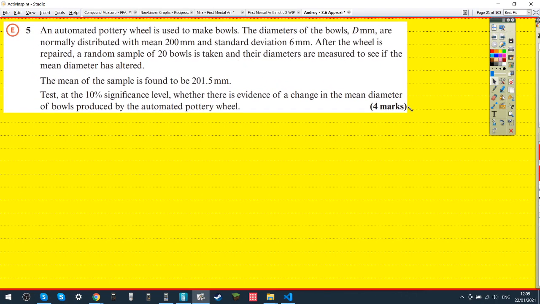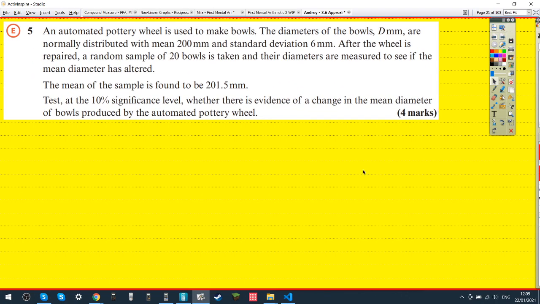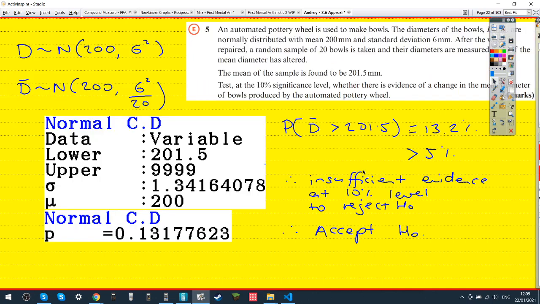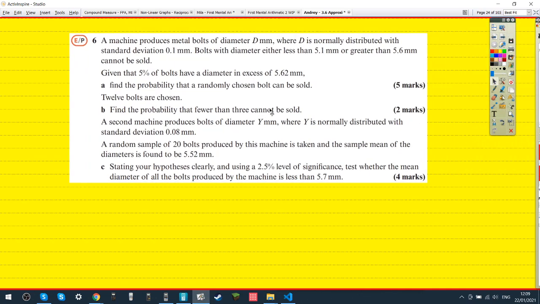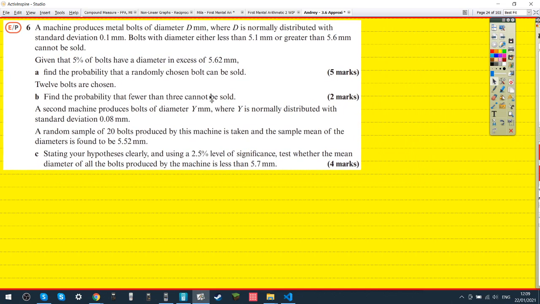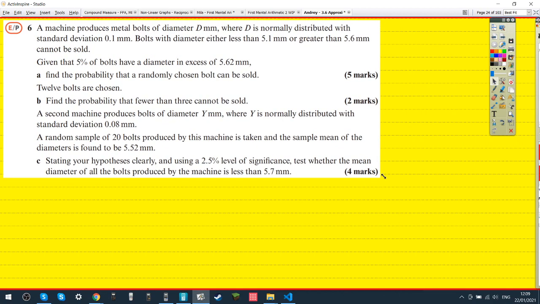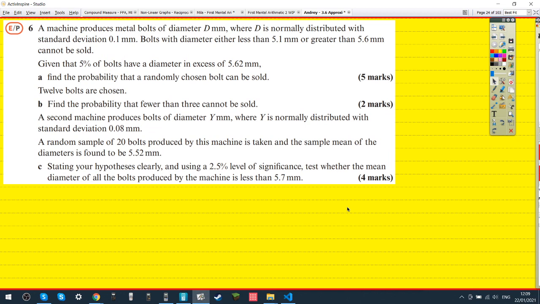Looks like they're all going to be the same. One second. This looks better.